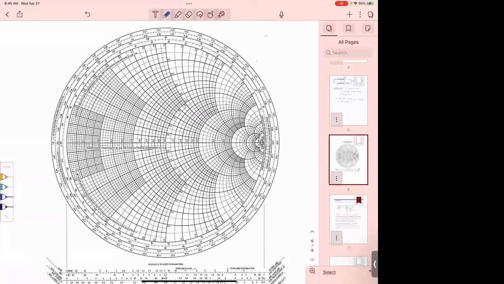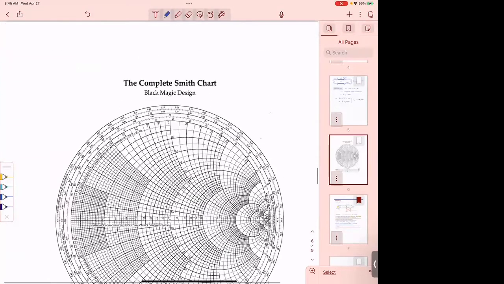Here we have to solve for the stub, so the Smith chart here is to calculate the stub's length. That's why I'm coming here, because this is the only one which is going to give me the normalized input impedance that I want.